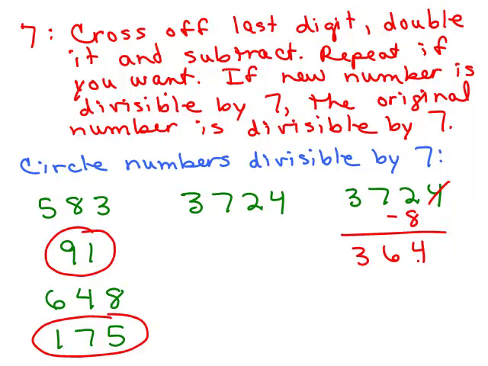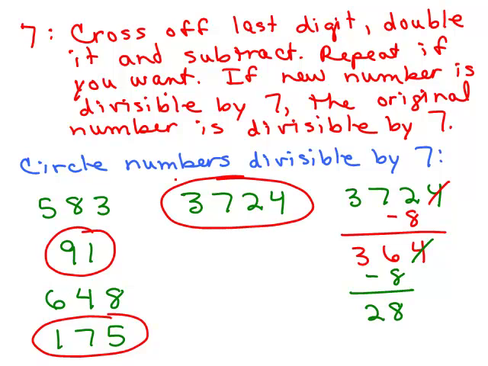Well, I don't know if 7 goes into that either, so I'm just going to do it again. Cross off the last digit. Also happens to be 4 again. Could have been any number. And double it, you get 8. So I'm going to subtract 8. And I get 28. Now, does 7 go into 28? Yes. So that means 7 goes into 3724.